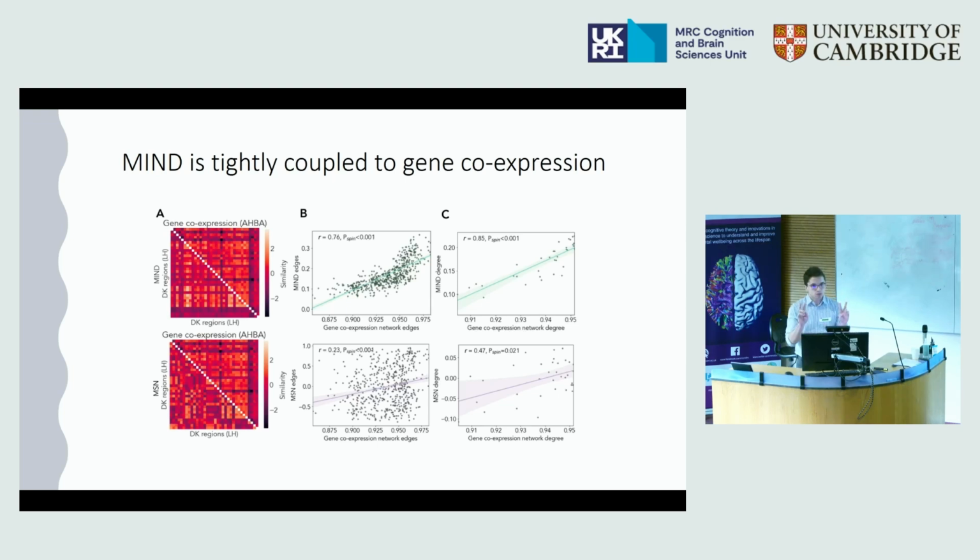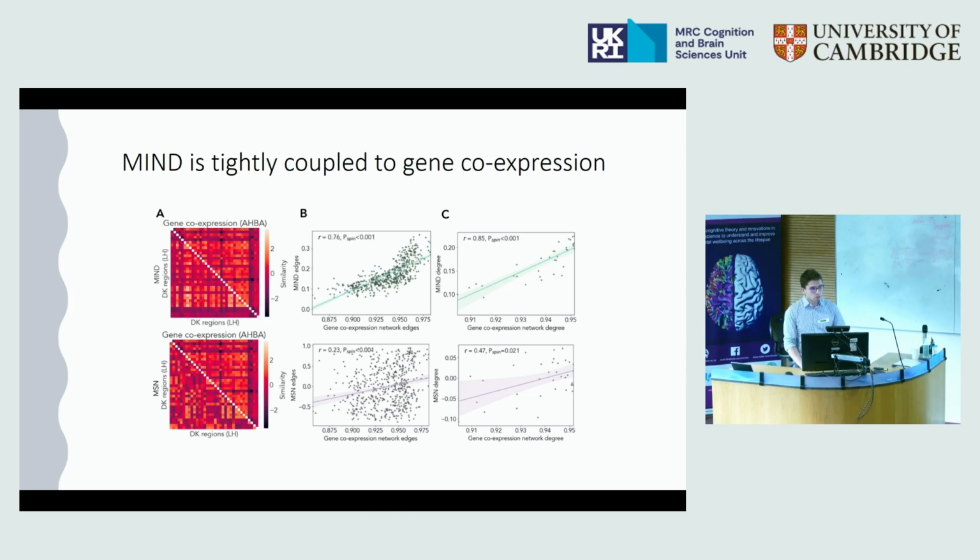So we created a gene co-expression, gene similarity network for the group, at the group level. Then we correlated the gene co-expression network at both the edge and degree level with the group level MIND networks and MSNs. And what I was really interested to see is almost a threefold increase in the correspondence between MIND networks and gene co-expression compared to MSNs.